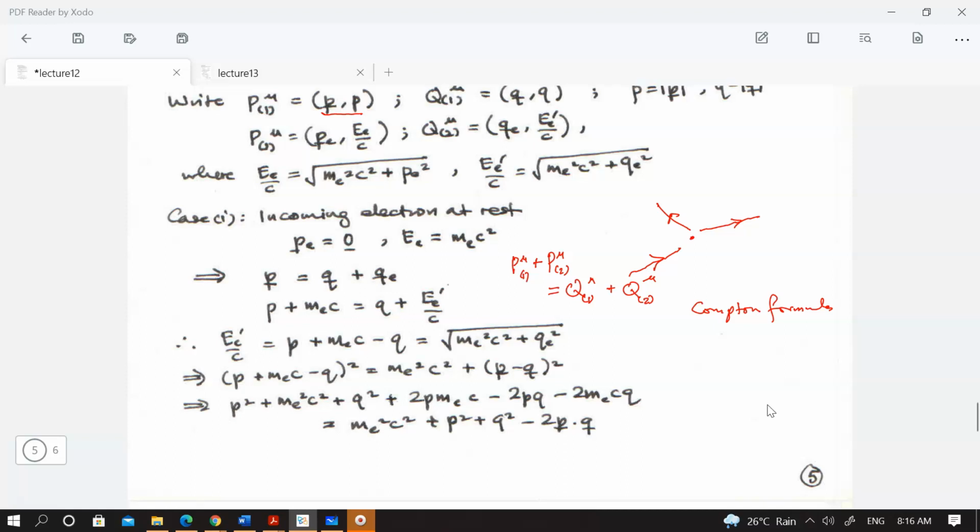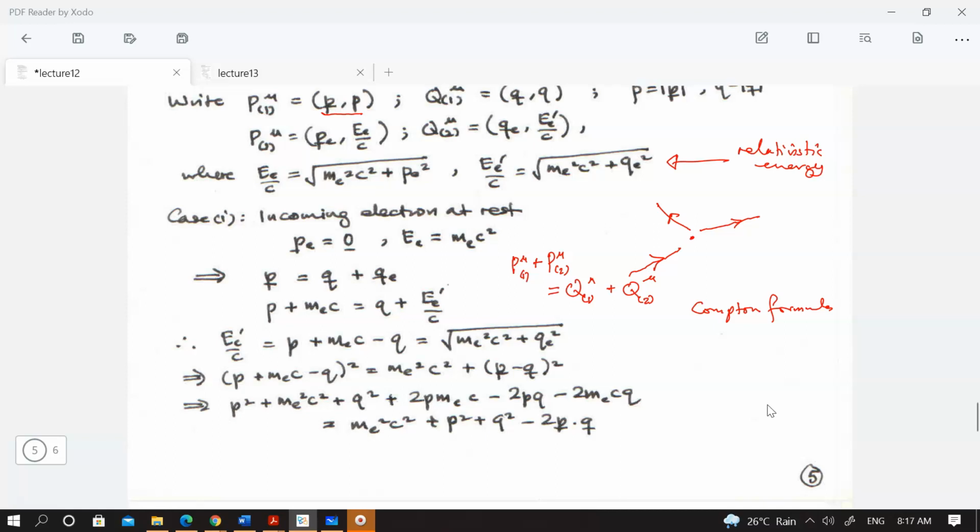And then you have to remember that E dash over C was given by this earlier. Okay, so this, remember, is coming from your relativistic energy, which is inclusive of your rest mass energy and your kinetic energy. Okay, so let's equate them both.